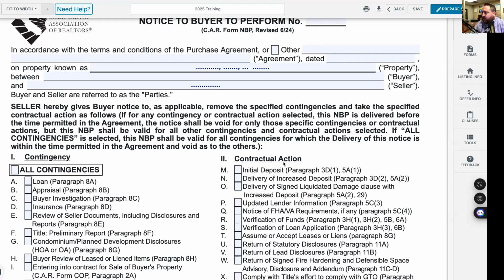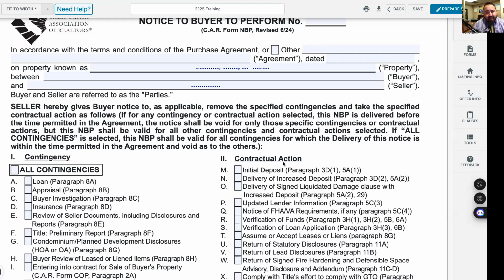All right, we have another question here. Do you have to send a notice to perform after you open escrow and EMD was never wired after more than 3 days? As a matter of fact, yes, you do. It was one of the items we just talked about for contractual obligations. So, yes, if a buyer fails to send in their deposit in that 3 business day period, or whatever period you have countered to change it to, because I see that people change it to 48 hours and 24 hours and all those things.